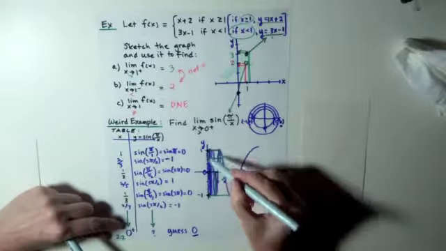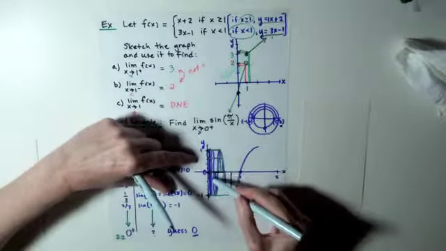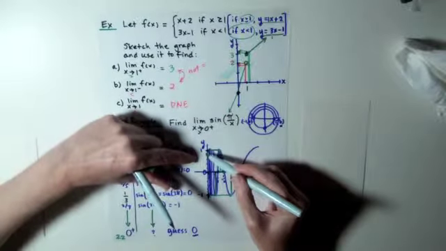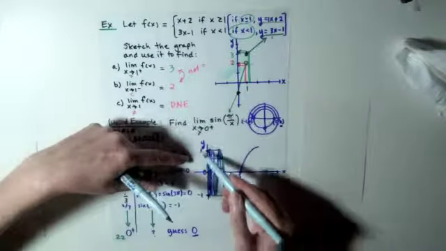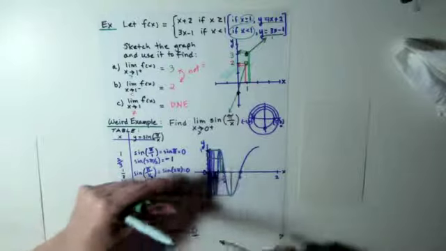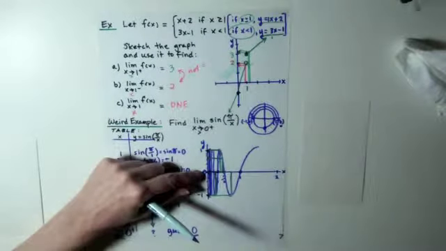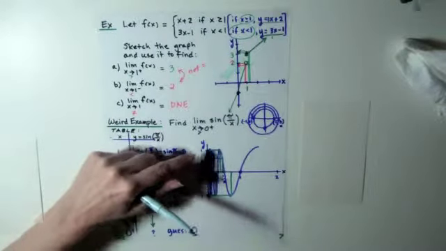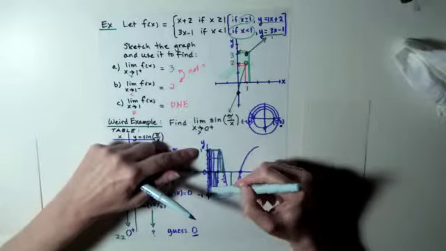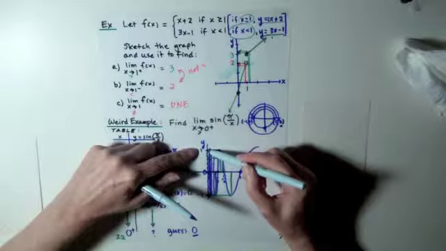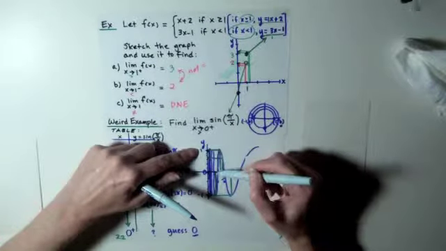So in answer to the question, do the outputs collect around a single number on the y-axis? No, they don't. They're bounded in value between 1 and -1, but they don't collect around one number. They don't collect around 0 or 1/2 or 1. They keep oscillating and hitting different values between 1 and -1 ever more rapidly as I get closer and closer to 0.